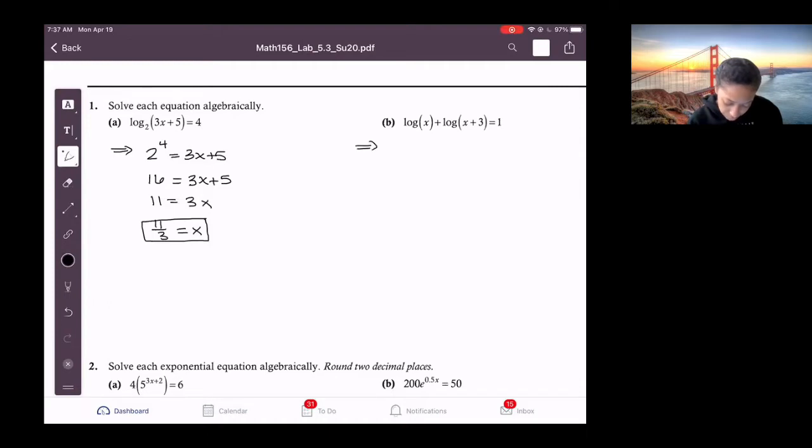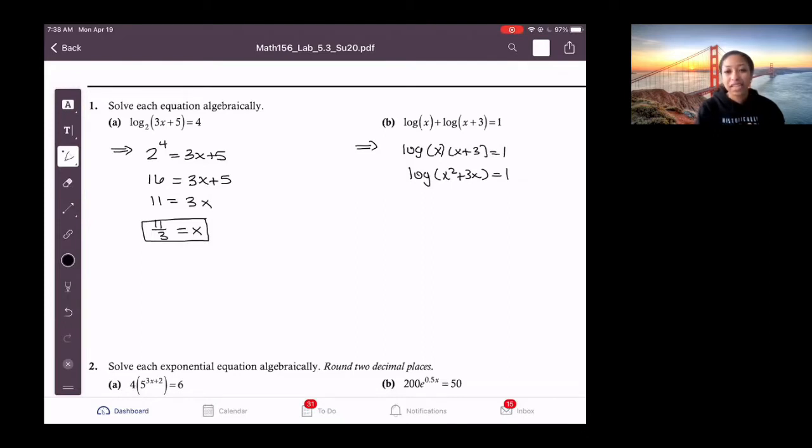So we have a property that tells us that log of x plus log of x plus 3 would be log of x times x plus 3. Simplifying this a little bit more, we get log of x squared plus 3x equals 1.